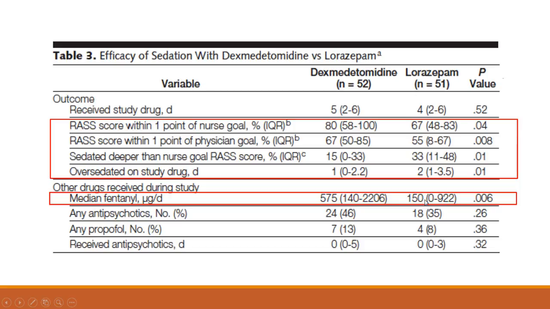And so while the study claimed that Precedex was more effective at getting patients to target sedation, it came at the cost of requiring more fentanyl. So it raises the question of, well, was it really effective at getting patients to target sedation levels? Because you're assuming that this was given because patients were perhaps agitated.